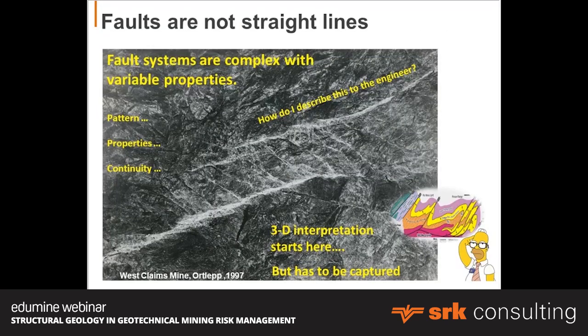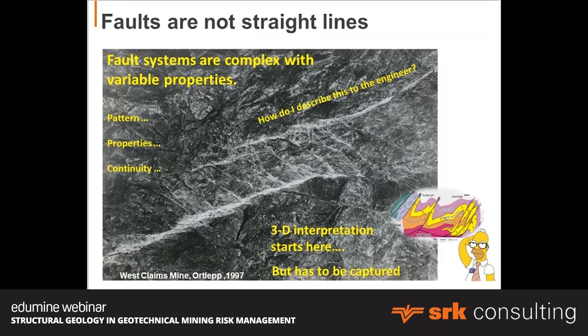So, getting straight to the point, faults are not straight lines. Basically, fault systems are complex with variable properties and patterns and continuity. That's what I want you to remember throughout this particular course: the focus on pattern, properties and continuity.